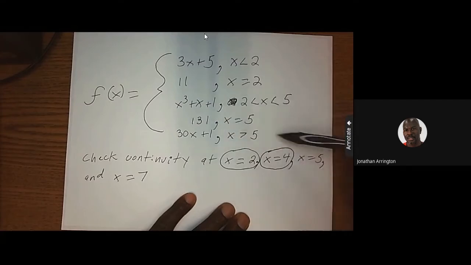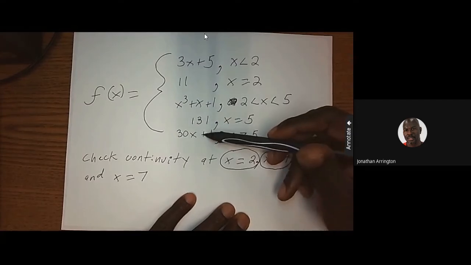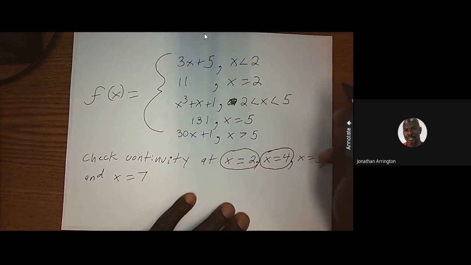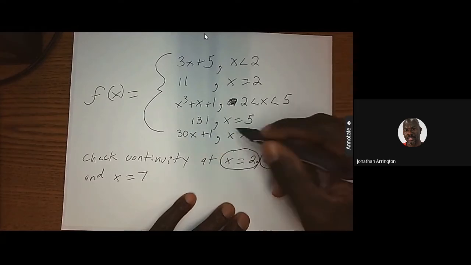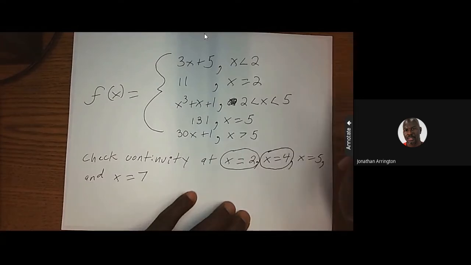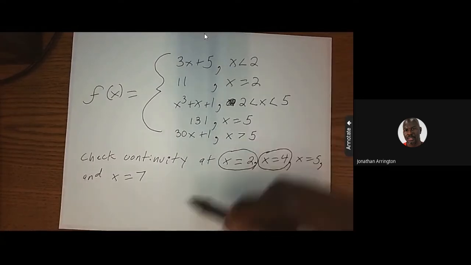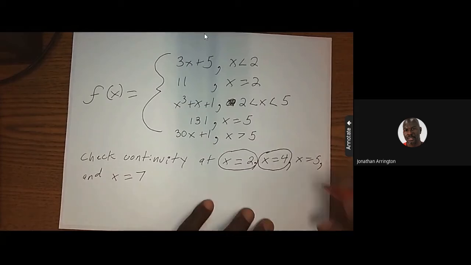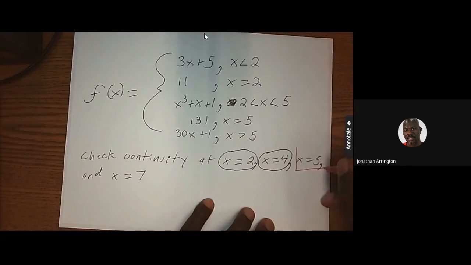Perfect. But when I plug in 5 into this guy to the right of 5, 5 times 30 is 150, plus 1 is 151. So I didn't get the same number for all the pieces that go with 5. So the function is not continuous at x equals 5. Not continuous at x equals 5.